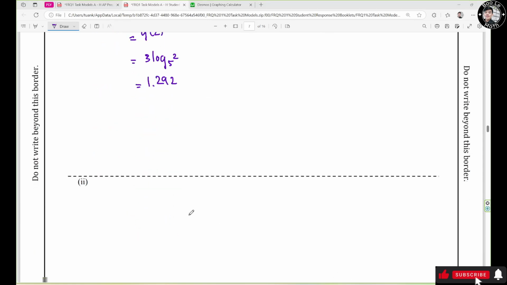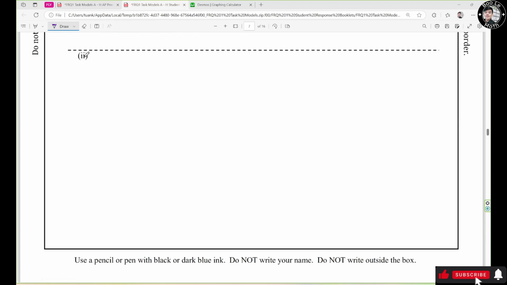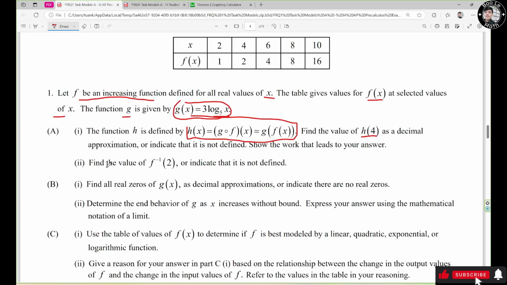Now let's move on to question 8.2i, right? Find the value of f inverse of 2, right? So we look at the table right here. 2 is the domain of f inverse, and then it's going to be the range of the original function. So you need to find the value where f(s) equals 2, so it could be right here, right?